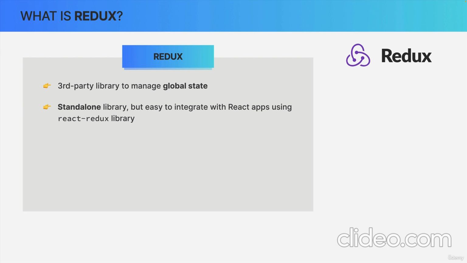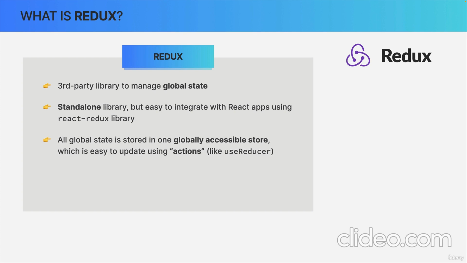Now, the big idea behind Redux is that all the global state in your application can be stored inside this one globally accessible store, which we can then update using actions. And if this sounds familiar, it's because the useReducer hook implements a very similar pattern. So, updating state by dispatching actions. Remember?